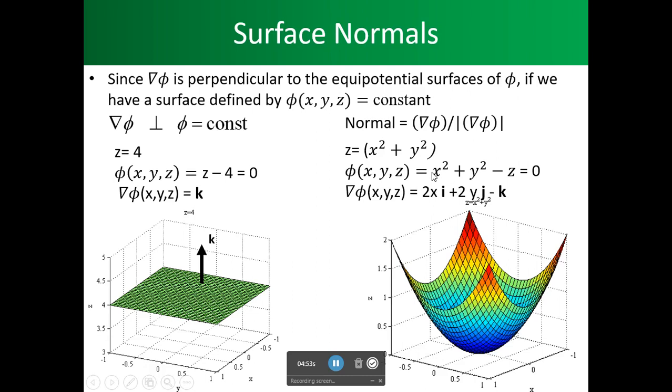So this is 3. The magnitude of this is 3. So for our particular function, we have our gradient divided by the magnitude, 3.